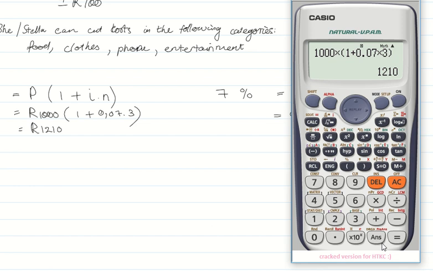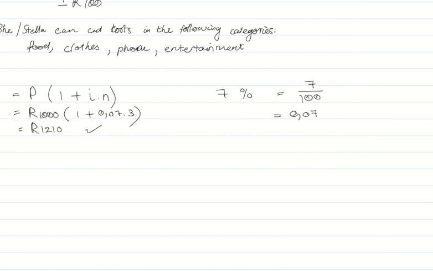I hope you got that one correct. Let's look at the mark allocation. That is 3 marks, so you get 1 mark for that, and 2 marks for putting every value into the correct place.